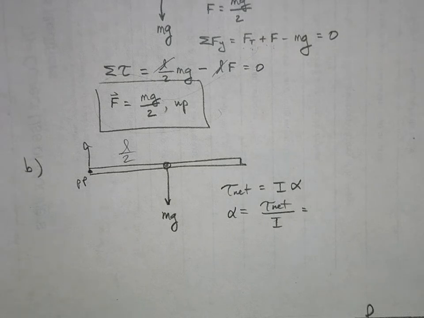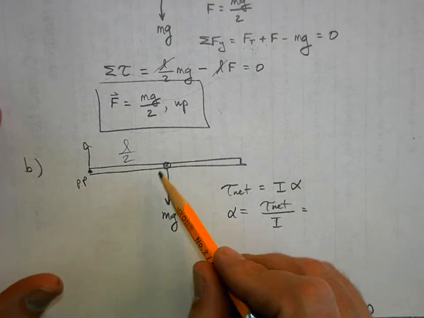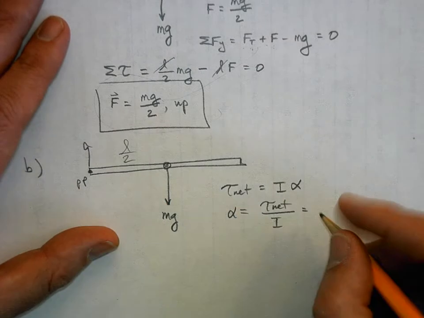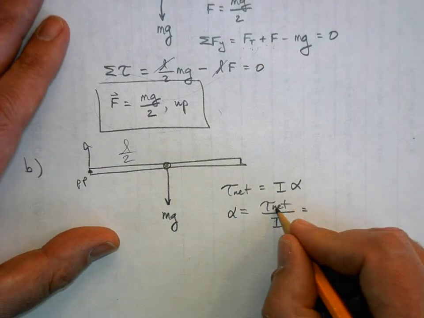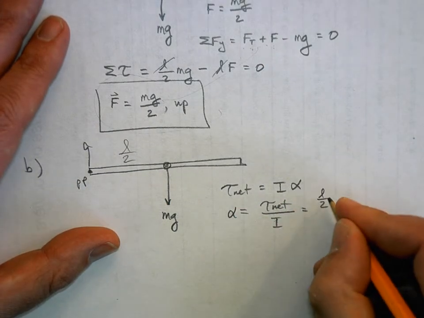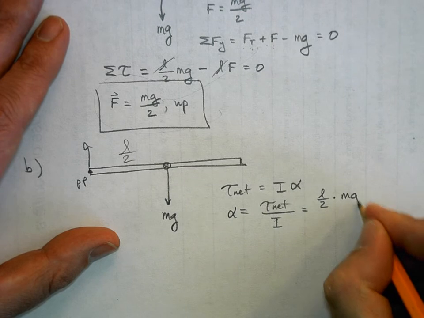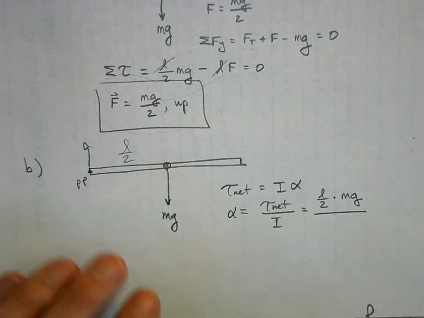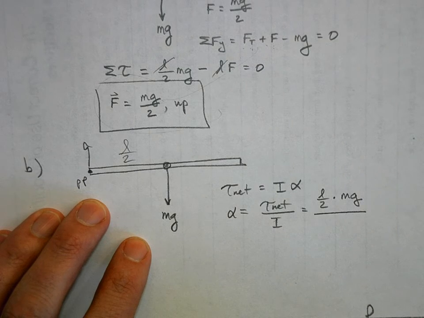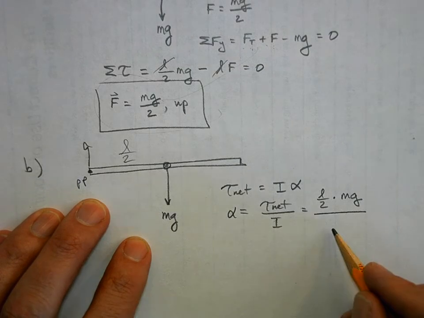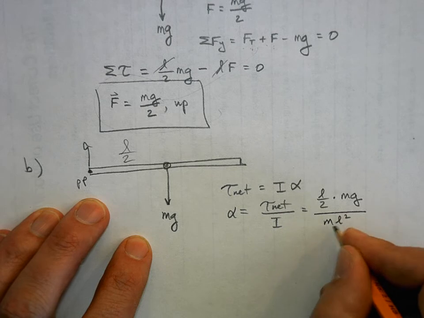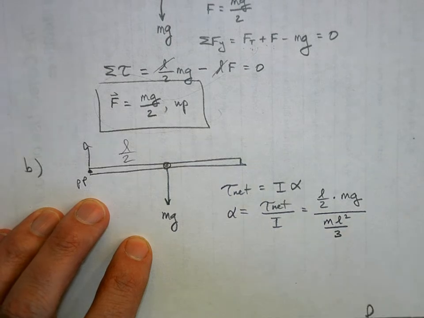At t equals 0, the angular velocity is 0, but it is angularly accelerating now. That's not 0 anymore. So this is just going to be r cross F, which is L over 2 times mg, over I. And for I, what did they give it as, mL squared over 3, I think was what they gave us.